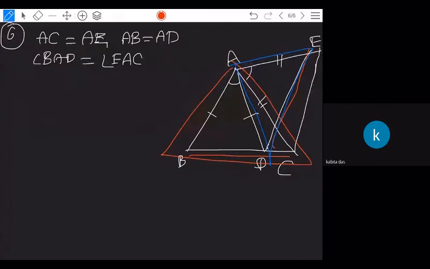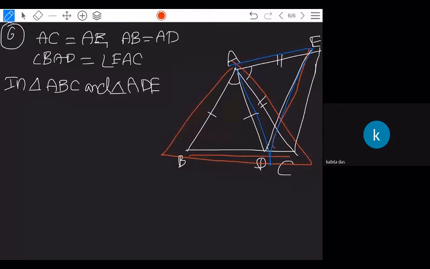Whenever you take these two triangles, ABC and ADE, these two triangles are to be considered. You may have a doubt: sir, why do you take only these triangles?